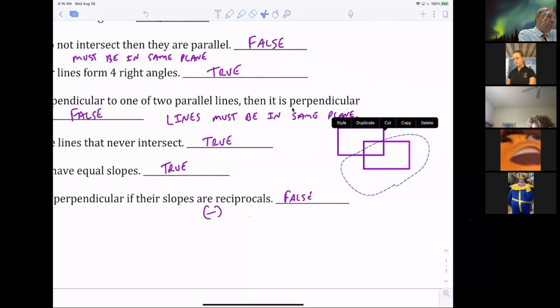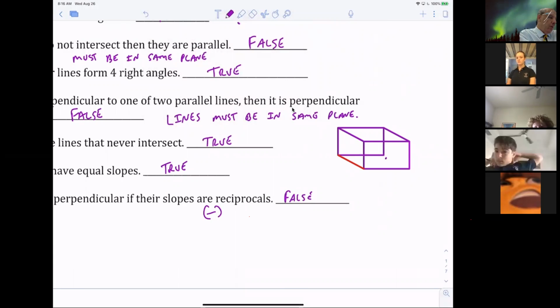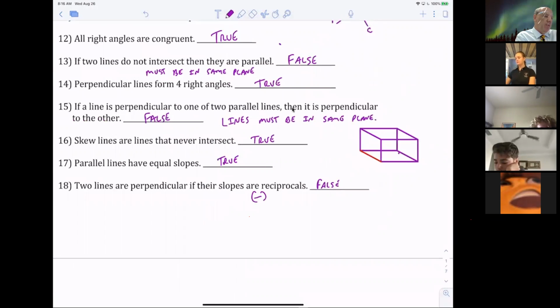So if I were to draw a box, all right, so there's a good box, right? So the question is saying, if a line is perpendicular to one of 2 parallel lines.